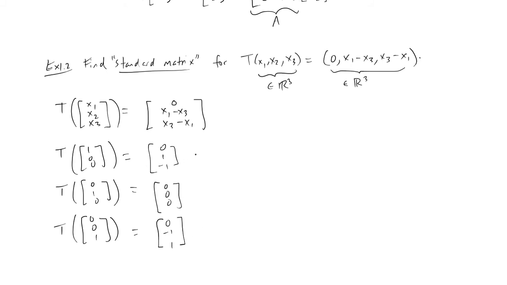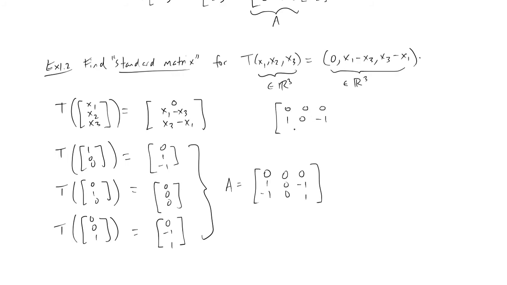And that's it. Once we know what the transformation does to those coordinate vectors, we just stick them all together: (0, 1, -1), (0, 0, 0), (0, -1, 1). And that's the transformation matrix. And you can see that if we just take this matrix and multiply by (x1, x2, x3), the claim is that these are equal.